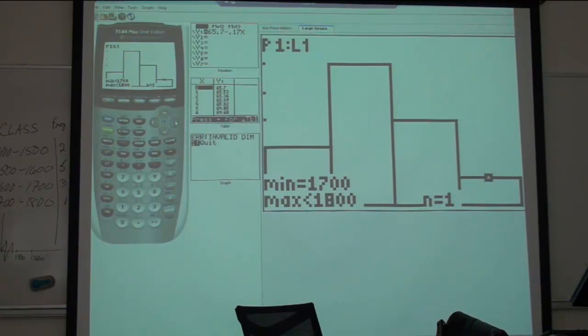Okay, so let's first of all enter the data. And if you want, you can put it into list 2 so that you can come back to list 1 later on and we'll do something else with it. So let's put it into list 2.